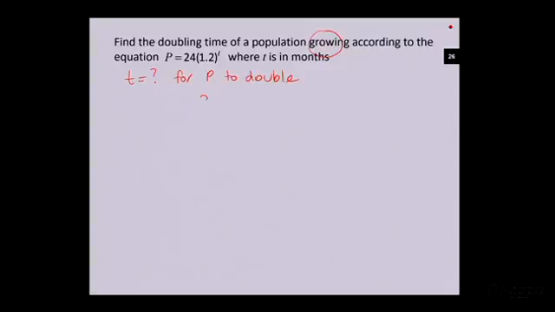Well, if the initial population was 24, and I can see that because that's what that stands for, the initial population, the question is double it, make p equal to 48, and then go and find how long. Again, it's another exponential equation. We've done it a fair few times. All right? So that one there you can go and investigate.